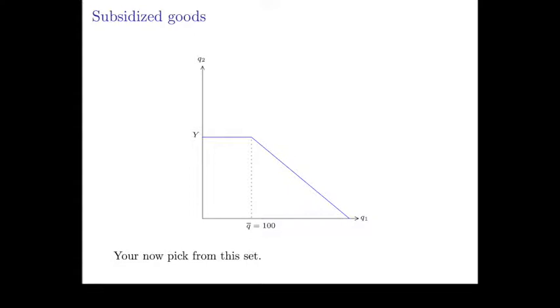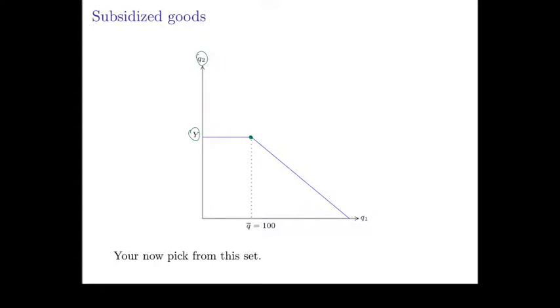Why is that? It's because if you don't spend any of your money on food, then you still get the 100 units of food for free, and then you get all of your income Y to spend on other things.